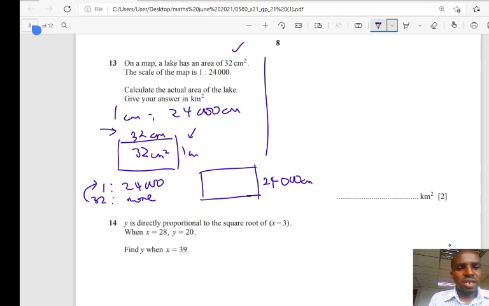It will be 32 over 1 times 24,000. You get 32 times 24,000, which is 768,000. So this one will be 768,000. So that will be 768.